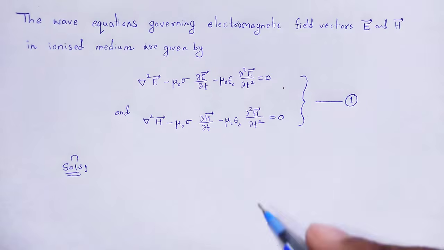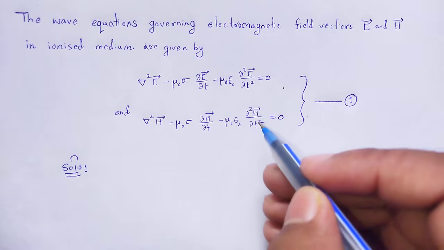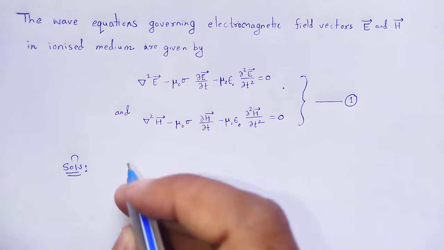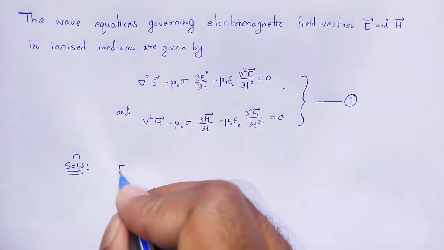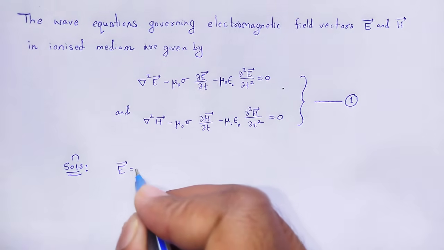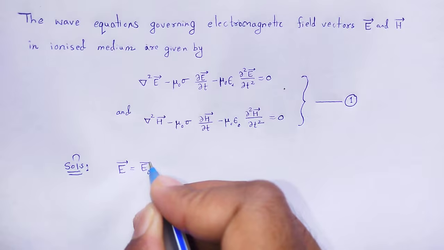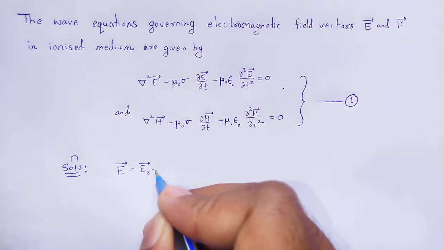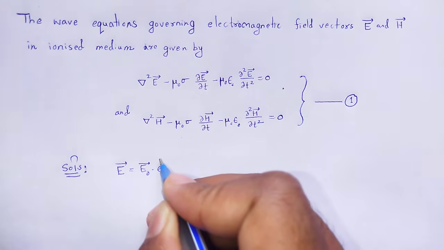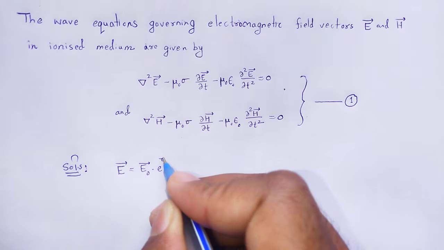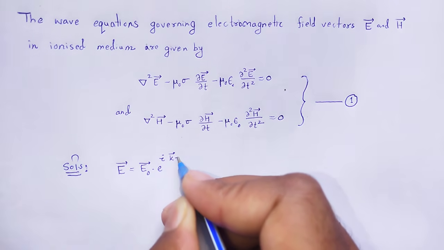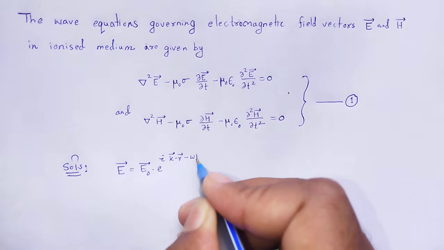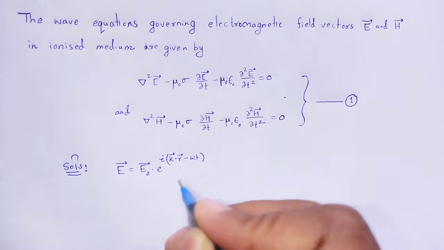So, the solutions of these two equations are in the form E vector is equal to E naught vector e to the power i(k dot r minus omega t).